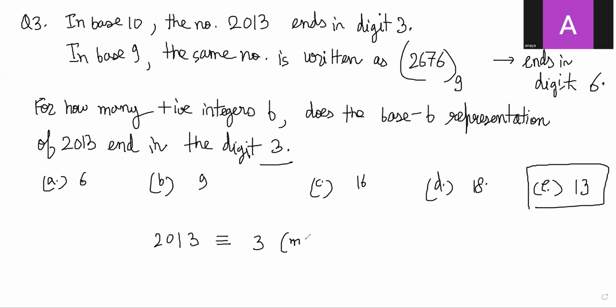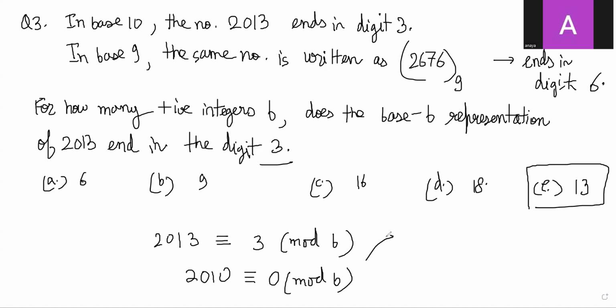So it has to be 3 mod b, because the rest of it is going to be divisible by b. Then 2010 is 0 mod b because you subtract. So b has to be a factor of 2010.